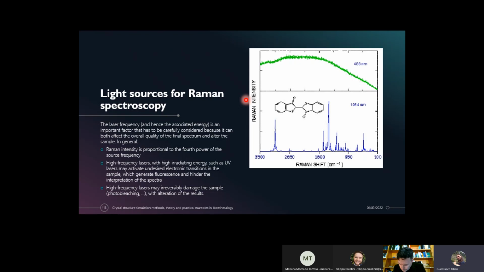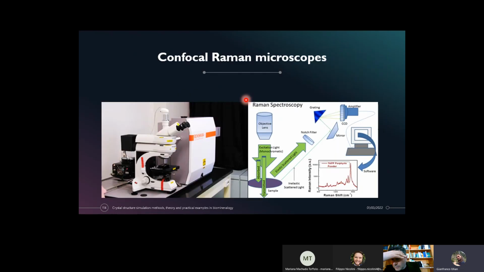In this case, you have the highest intensity. This is not backscattering. In the direction of propagation of the light, you have no intensity.